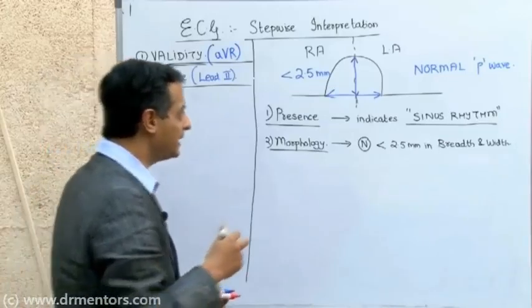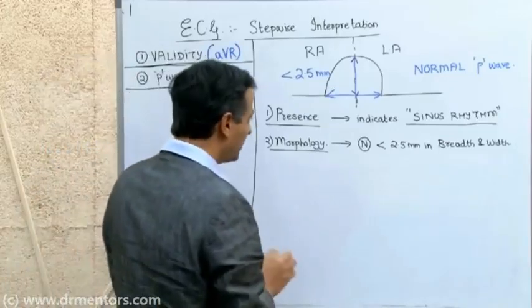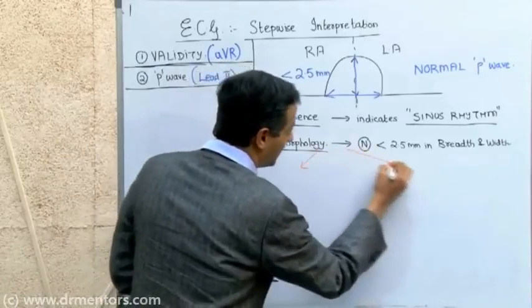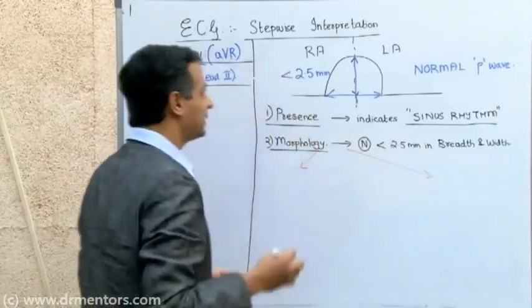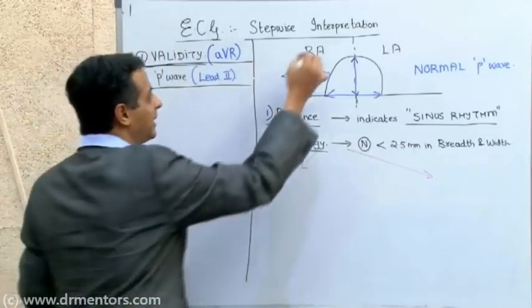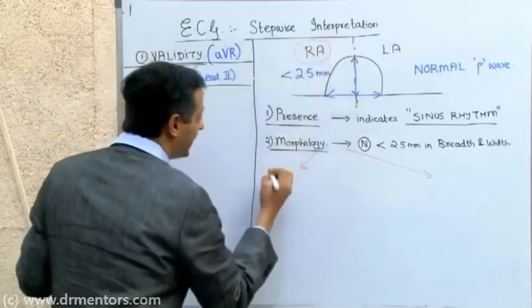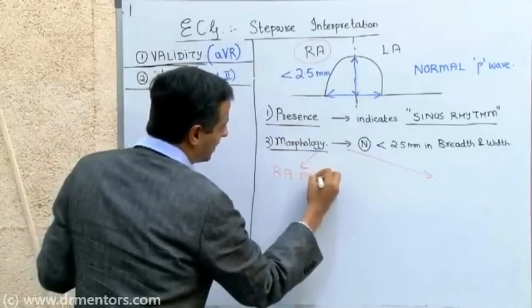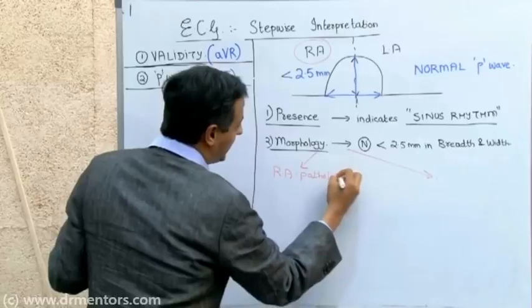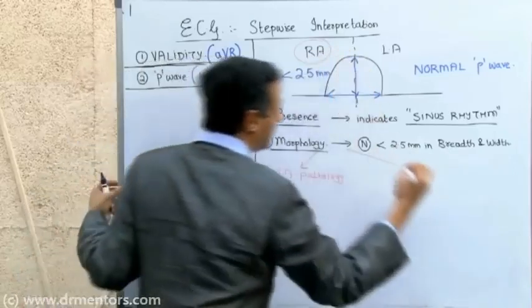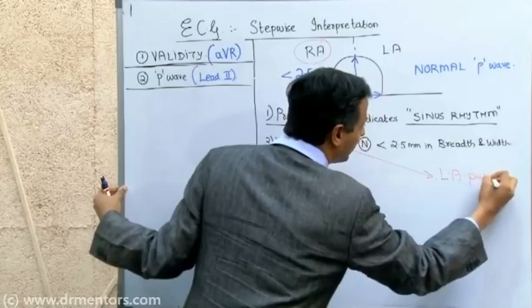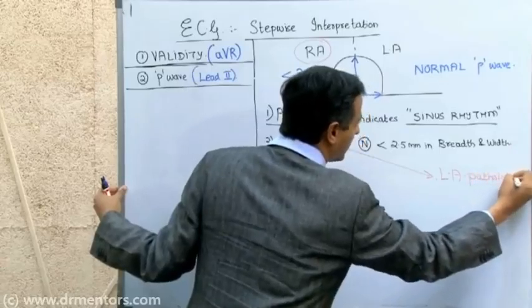What are abnormalities that can occur? Two abnormalities can occur in the morphology. Let us take it simple. One, if it is a right atrial pathology or there is a left atrial pathology, how do we distinguish between the two?